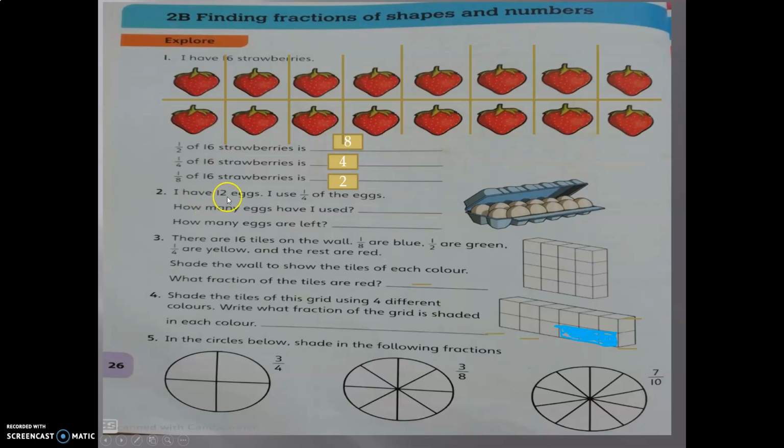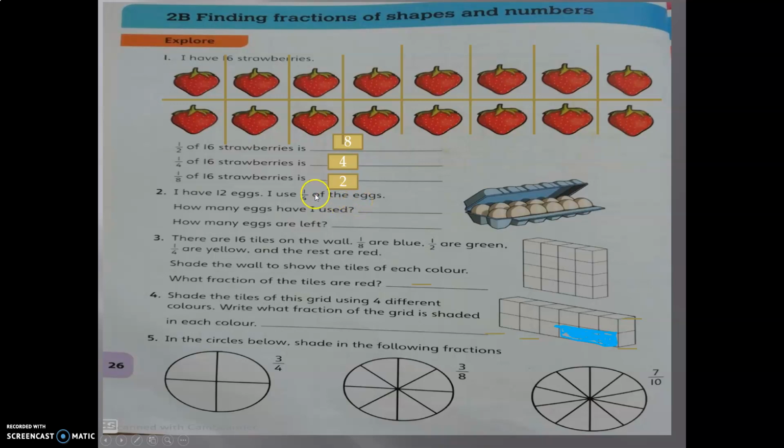I have 12 eggs, so you have one set of eggs, or you have one tray of eggs. How many eggs do you have in this one group of eggs? You have 12 eggs in this tray of eggs. Okay, I use a quarter of the eggs. I will use 1 out of 4 of these eggs.